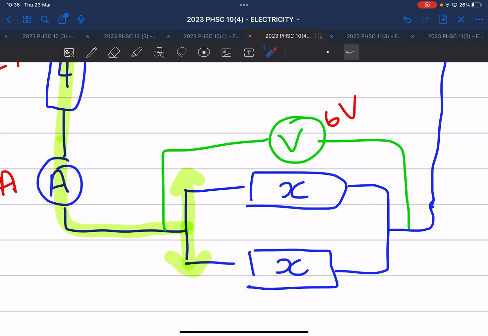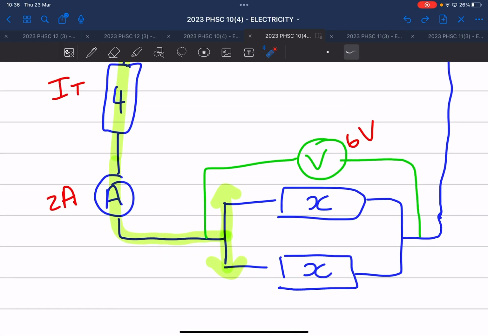How will it divide? That's the question. So, how will it divide? It will divide equally. Yes? Because the resistance of them are the same.